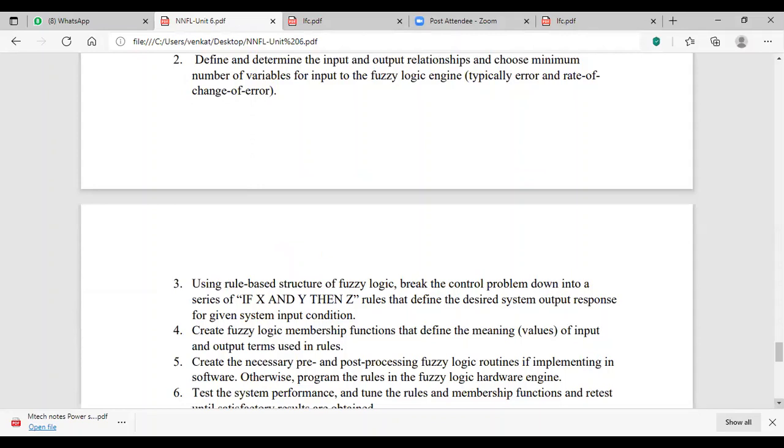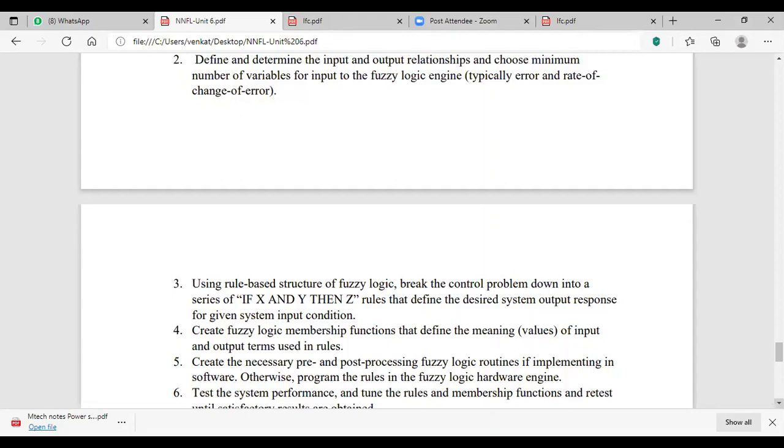So using rule based structure, you need to rewrite your rules. If X and Y, then Z, as per the desired output response for a given input conditions. Next, fourth step, create fuzzy logic membership function, which defines the meaning of input and output terms used in rules.